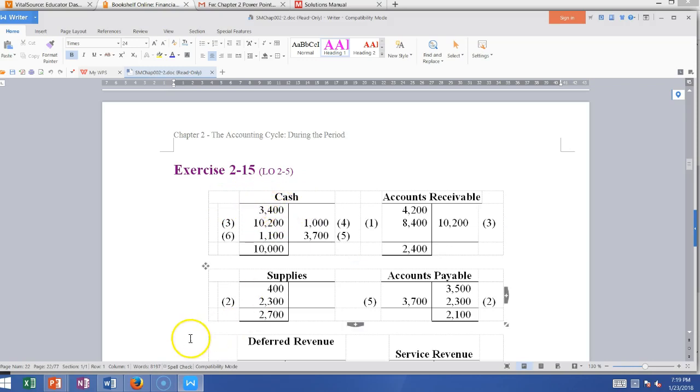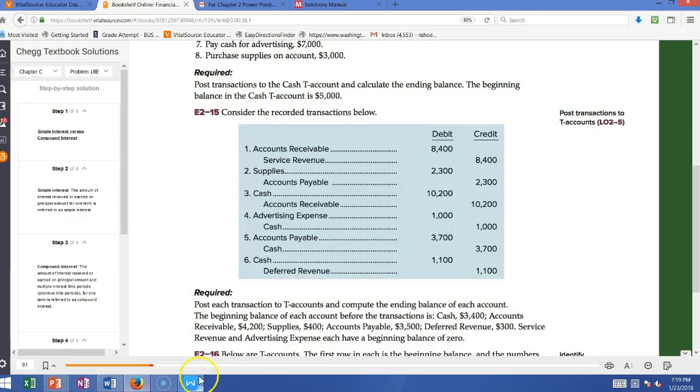You're going to put a $3,400 in there. Then it tells us accounts receivable should have a balance of $4,200. What are you going to do there? A debit of $4,200.